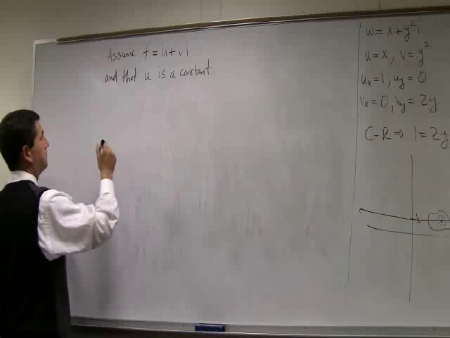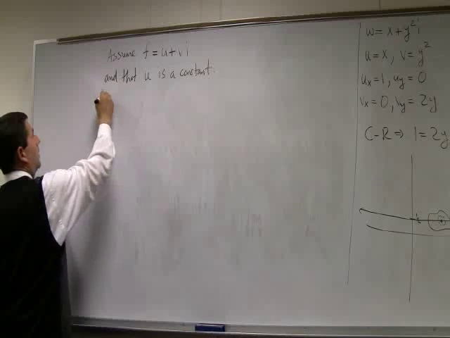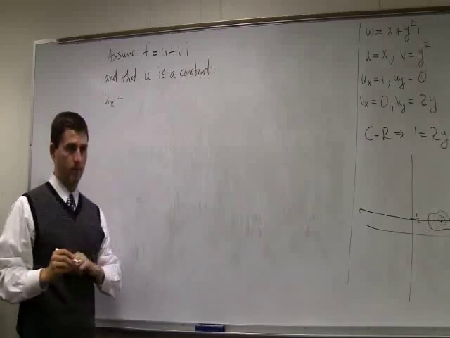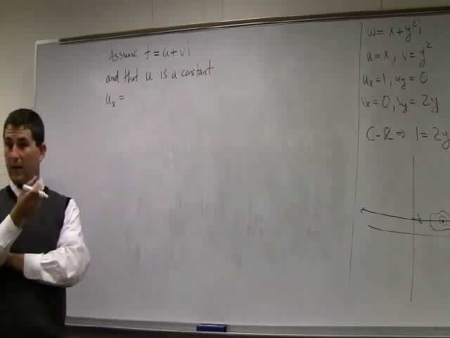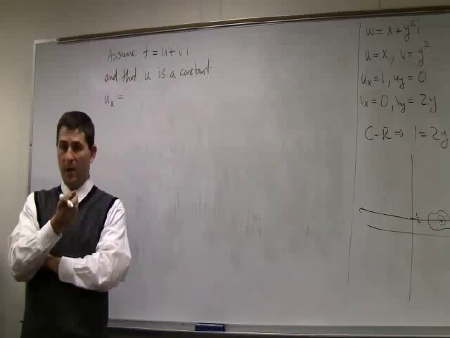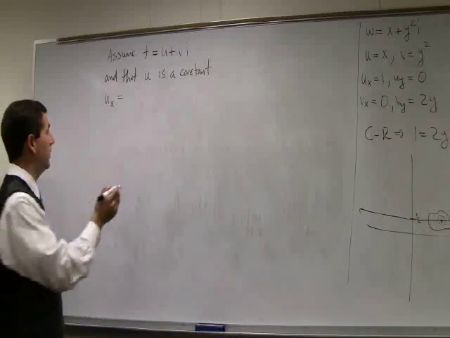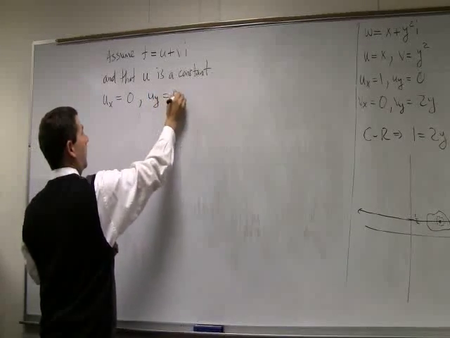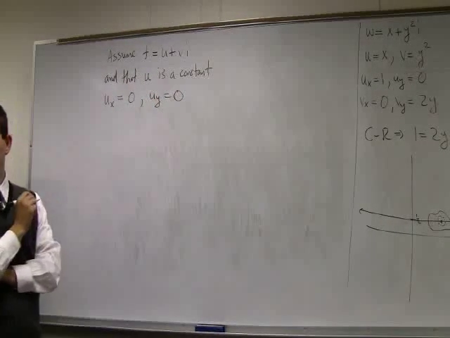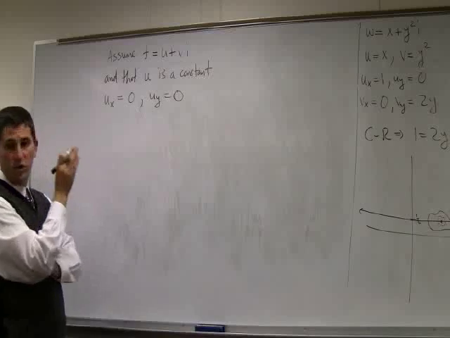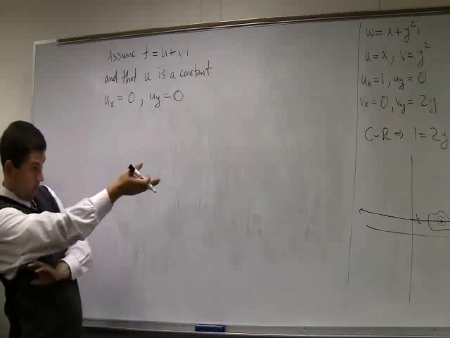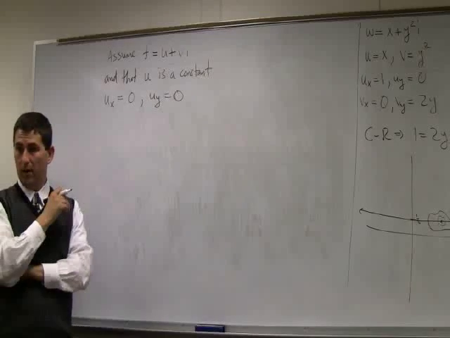Well, let's see. What is ux? It's 0, right? u is a constant, so the derivative with respect to anything is going to be 0. So ux is 0, and of course uy is 0. Now, if this function is going to be analytic on some open set, then it needs to have the Cauchy Riemann equations satisfied on that set.